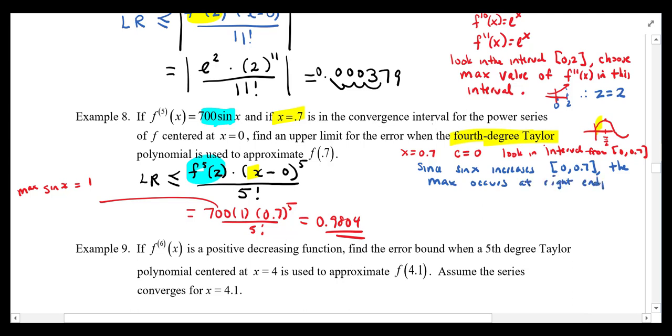So really, when I asked you to find the fifth derivative of z, maybe I shouldn't have been so generous and just said sine x's maximum is 1.